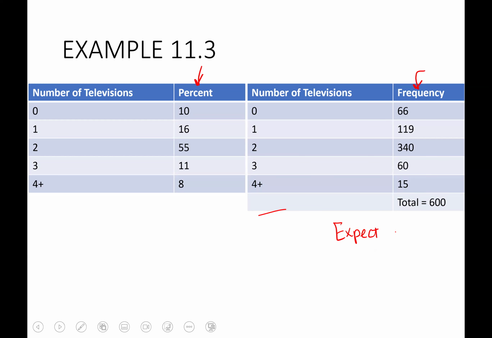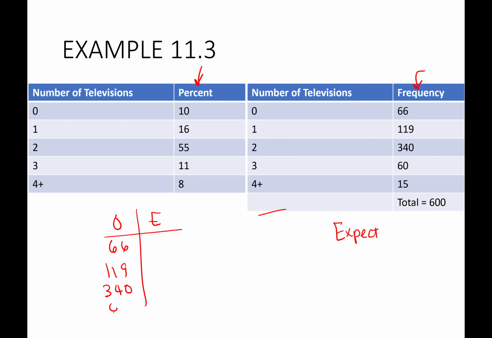So now let's put our observed and expected in our calculator. What I observed: 66, 119, 340, 60, and 15.